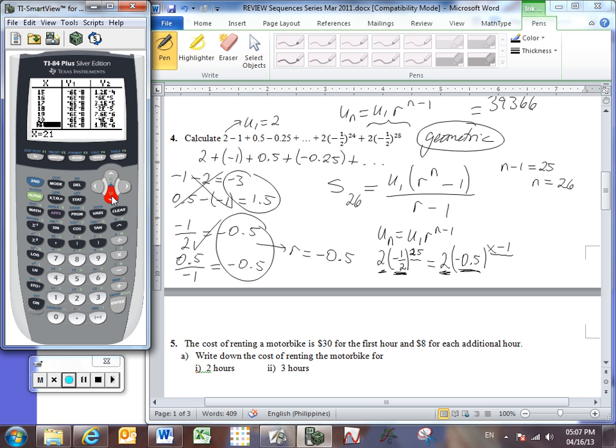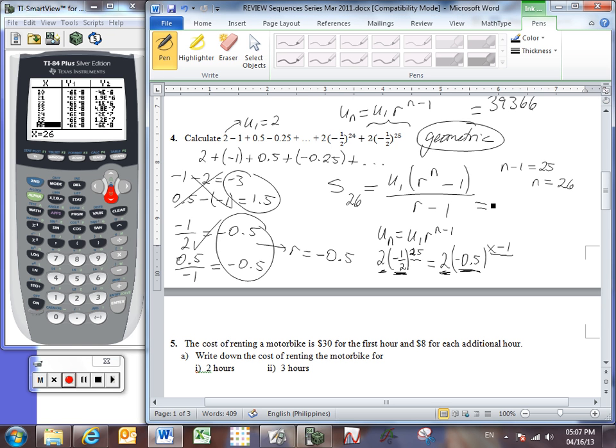If I keep going far enough, there it is. I can see that on row 26, that's when my y1 expression and my y2 expression both represent negative 6 times 10 to the power of negative 8, which means that both of them are incredibly small numbers close to 0. But we can see that they're equal in the 26th row, so n equals 26.